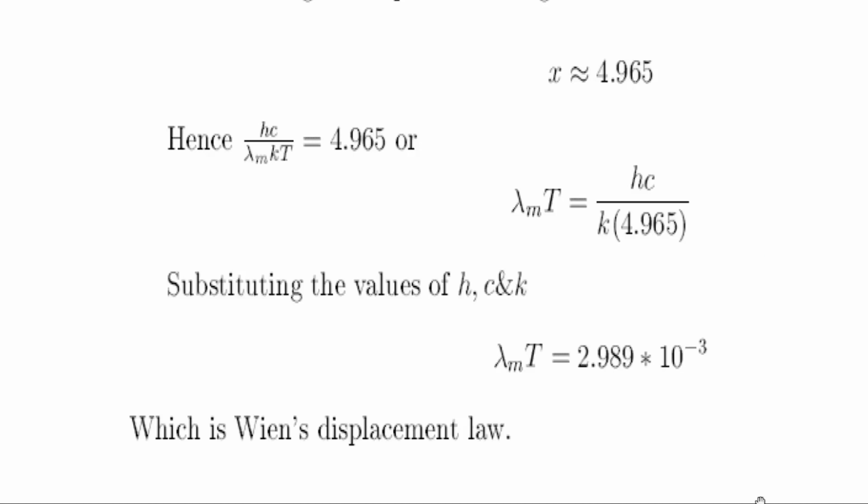Substituting the values of fundamental constants, h as 6.626 into 10 power minus 34, c as 3 into 10 power 8, k as 1.38 into 10 power minus 23, we have lambda_m into T equal to 2.989 into 10 power minus 3 meter Kelvin. This is the required Wien's displacement law. It says that the maximum wavelength corresponding to maximum intensity is inversely proportional to the temperature of the black body.